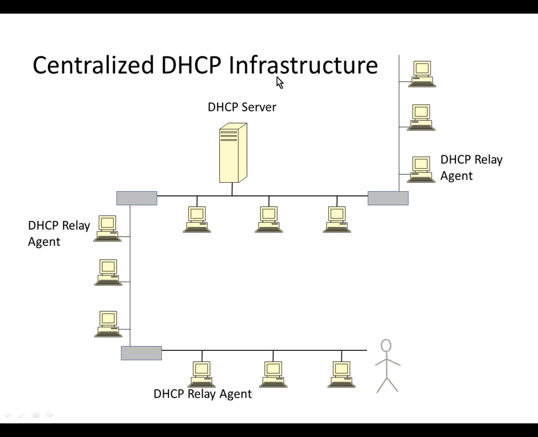When we use a centralized DHCP infrastructure, we have one DHCP server and DHCP clients which might be on other segments. The purpose of the DHCP relay agent is to take the DHCP client request and push it through routers so the request will reach the DHCP server.